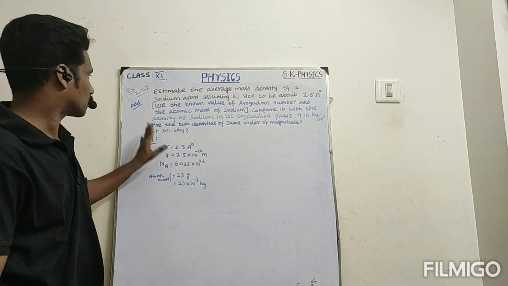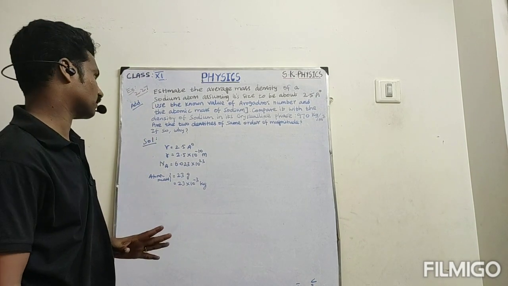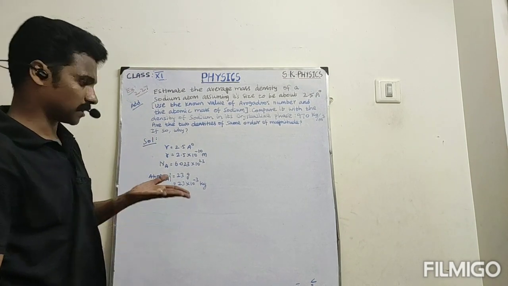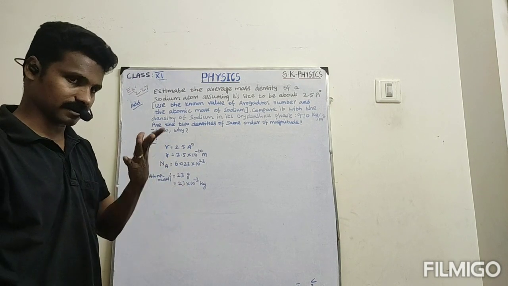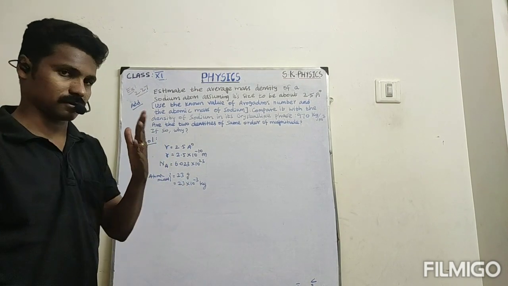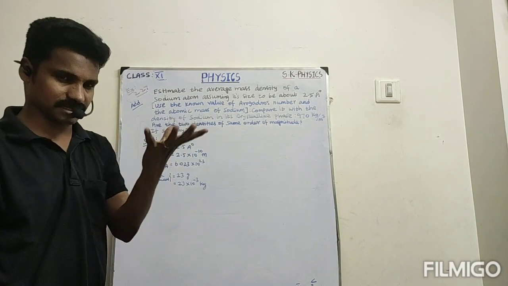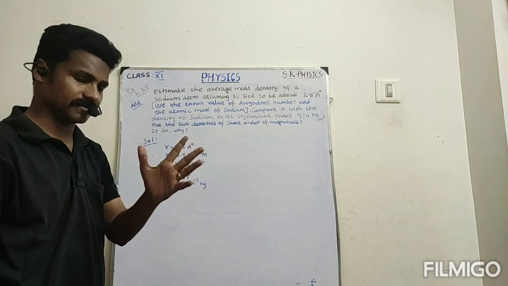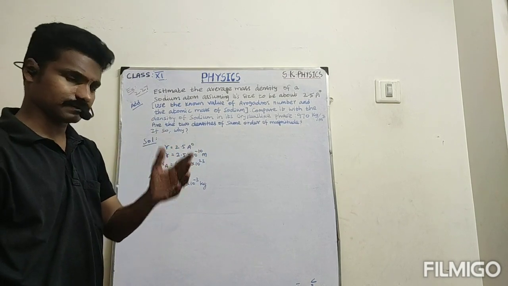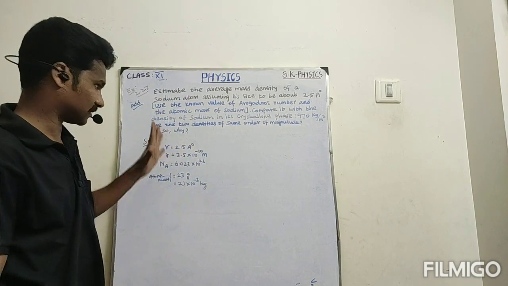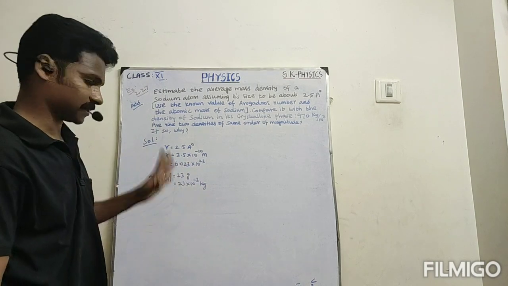So are the two densities of the same order of magnitude? The density we find in the initial state and the crystalline structure density value, whether it is of the same magnitude, that is what they are asking. Okay, so this is the question.